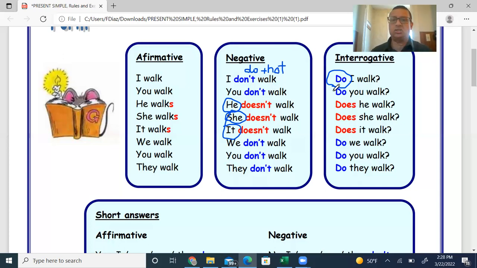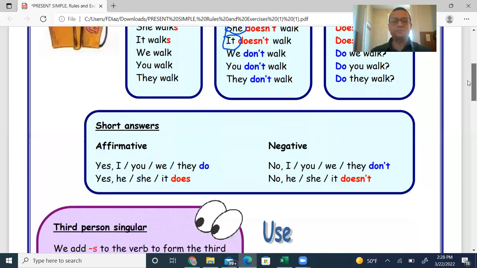He walks. He doesn't walk. Does he walk? Here you can see that this auxiliary verb, this extra verb, is the one that agrees with the person. The main verb stays normal. Let's go a little further down.